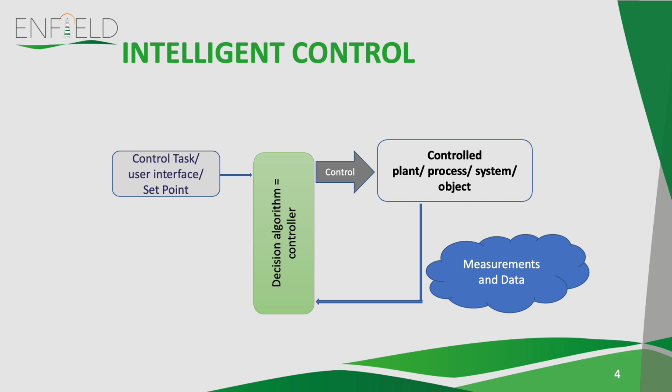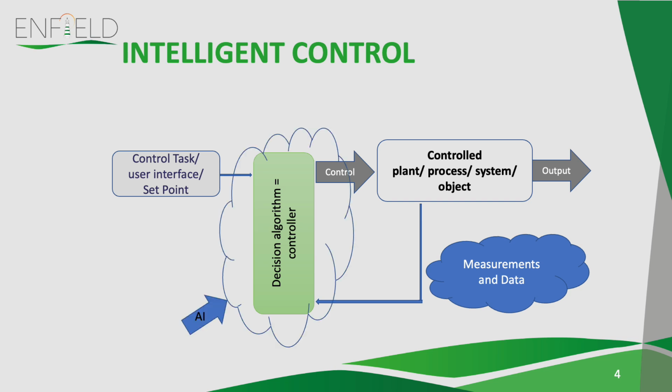So the system makes decisions, and these decisions require energy. If we start heating the room, we will consume energy. So energy consumption directly depends on these decisions. As the result, we have the required value of the controlled parameter, for example, the required temperature.